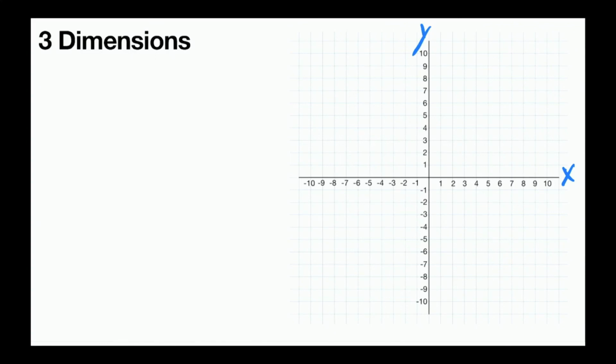And so again, they would all cross at the origin there, but instead of it going on the screen, whatever you're looking at, your phone, your tablet, your computer monitor, it would be going into or out of your monitor. All right, so maybe into the monitor is positive, out of it is negative. That gets complex to represent. You have to really beef up your drawing skills to try to represent that.